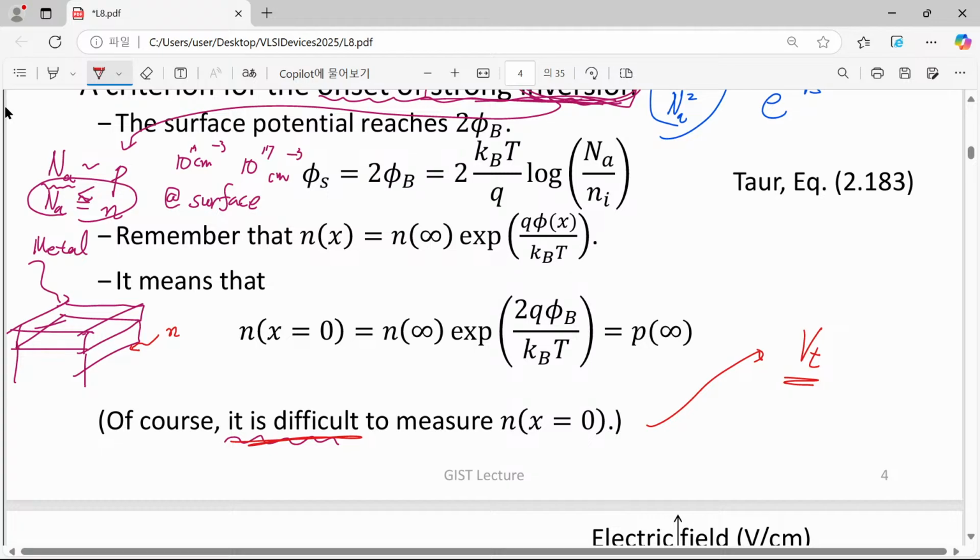Then maybe they will answer that in this device, a certain drain current level is defined to detect threshold voltage, because that is easy to measure. So that is the most important reason why we have this simplified definition of a threshold voltage. But this is related to the theoretical one.